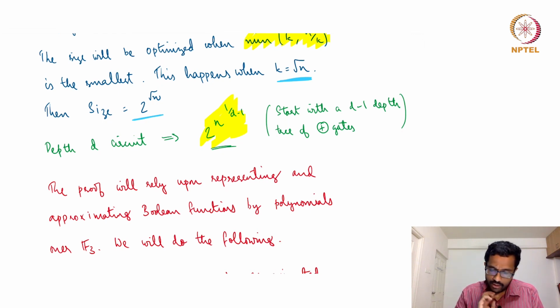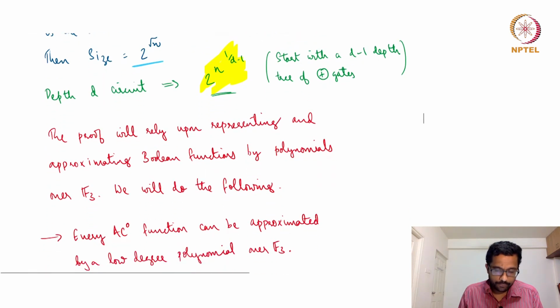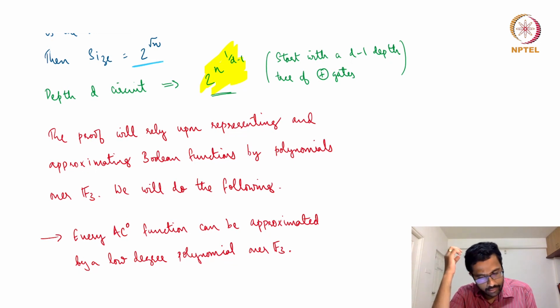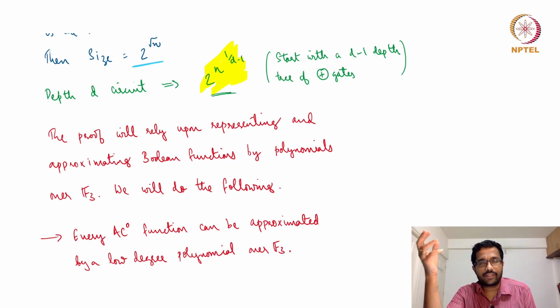The proof will rely on representing the parity function using a polynomial. In fact, it will rely on approximating this parity function using a polynomial. I'll say what I mean by representing or approximating using a polynomial.